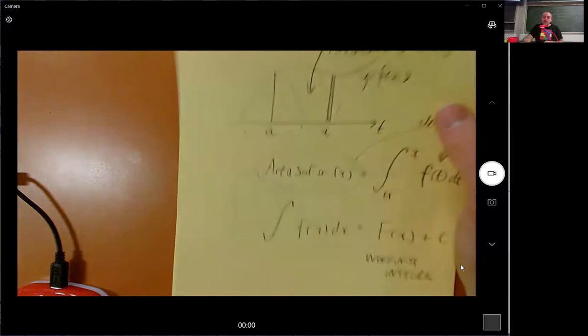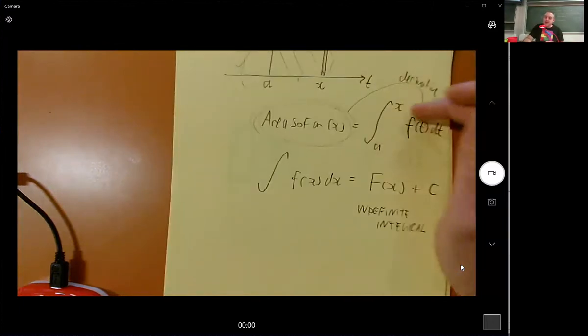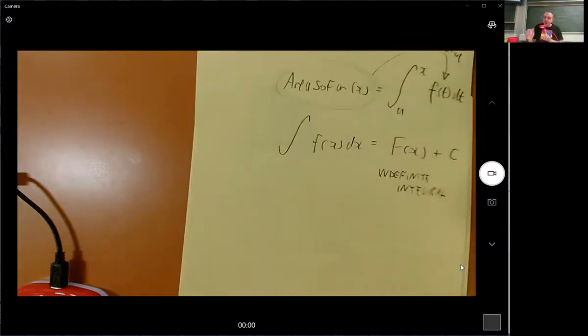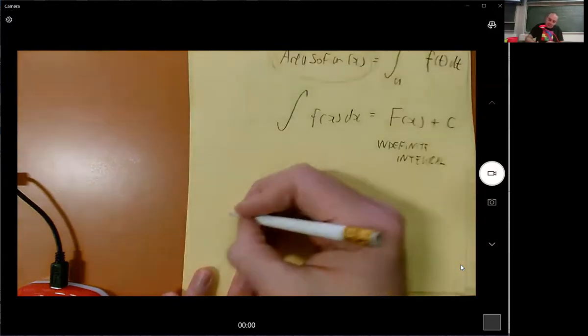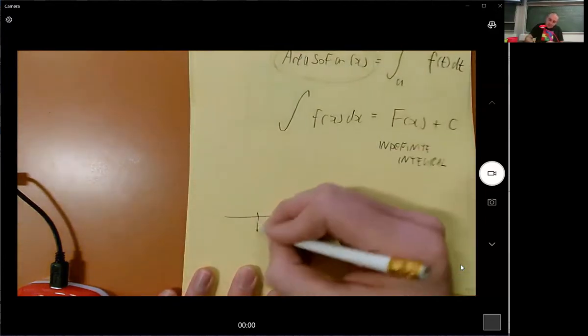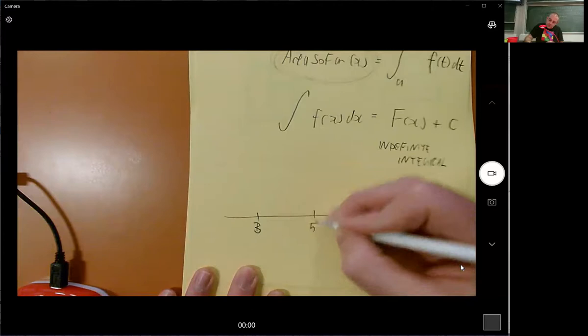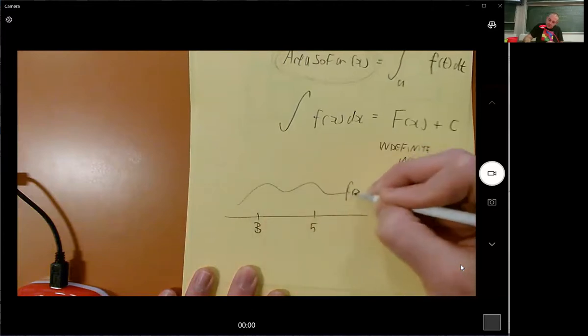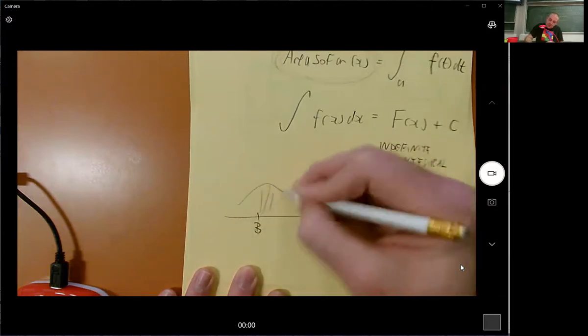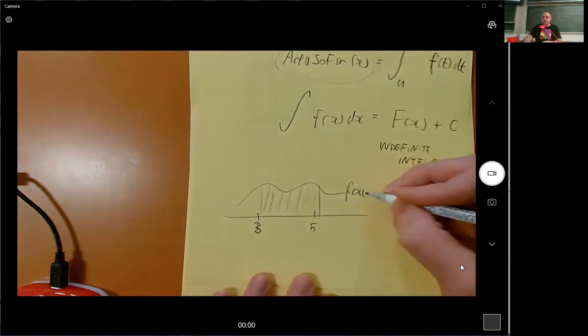So if I find an antiderivative, I need to draw just a second. So here's 3, and here's 5, and I've got my function, and I want to know the area from 3 to 5, say. Okay?